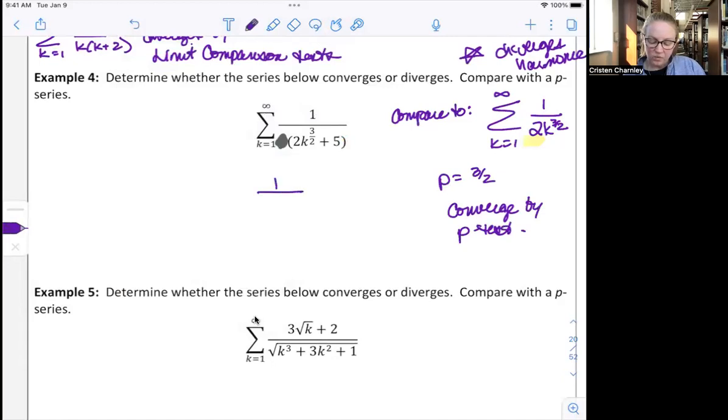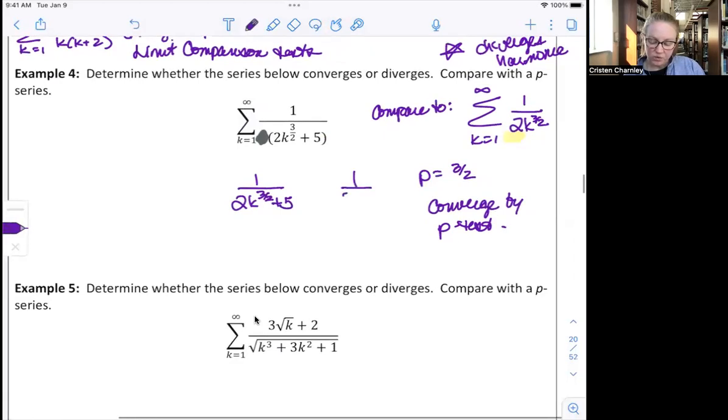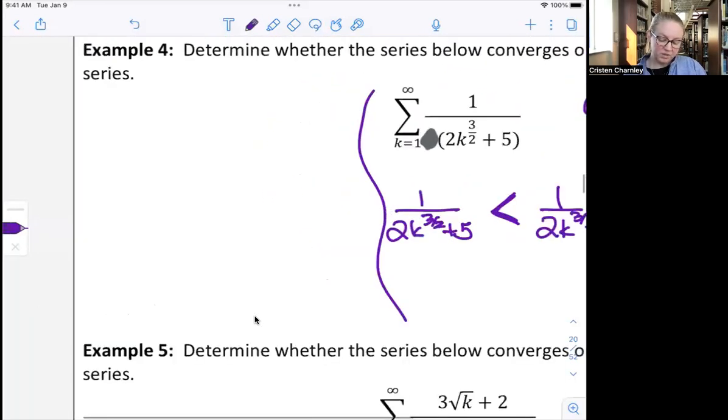If I have 1 over 2k^(3/2) plus 5, and compare that to 1 over 2k^(3/2), the term on the left, because you add 5 in the denominator, will always be a little bit smaller because the denominator is greater. And actually, I think you can just use a direct comparison test on this. If the new one converges and it's larger, then the original must converge. But let's do limit comparison. That's what we're supposed to be learning here.